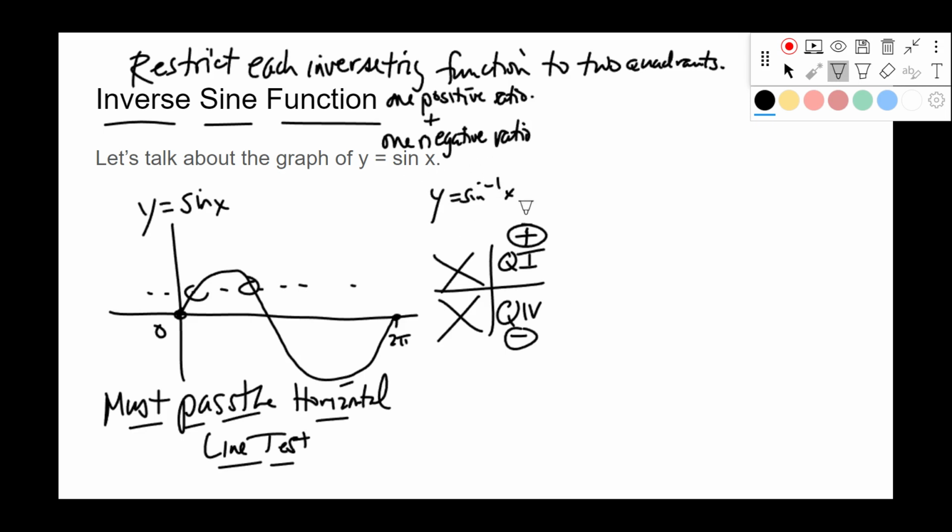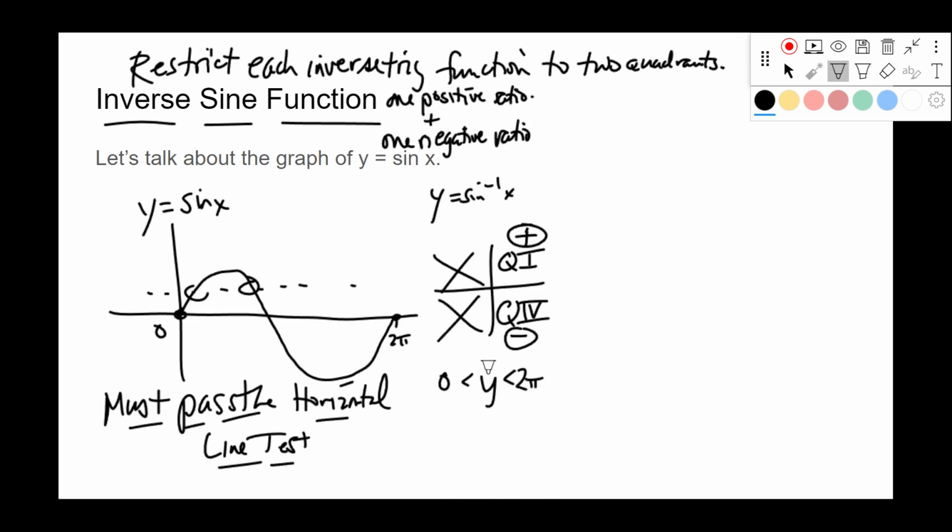So when I'm talking to you about the inverse sine function, you can only choose an answer for an angle from quadrant 1 or quadrant 4. But now I'm going to add insult to injury because we want to write this as one interval. So the problem is I can't write that y is going to be somewhere between 0 and 2 pi, like that, in inequality notation.